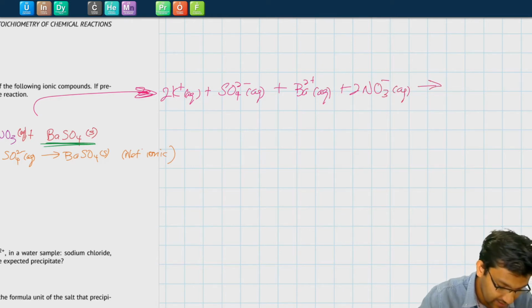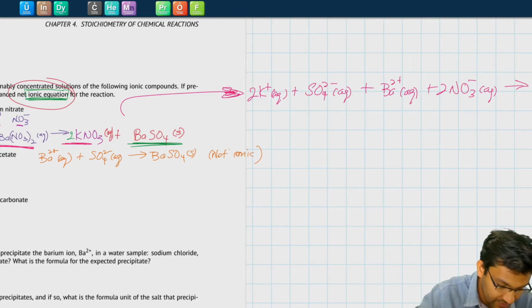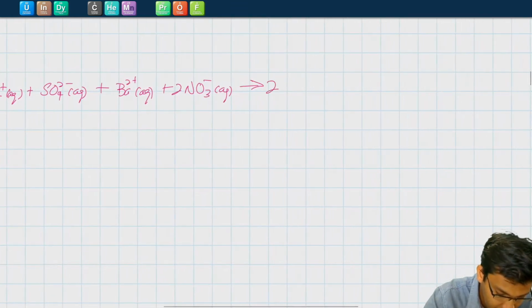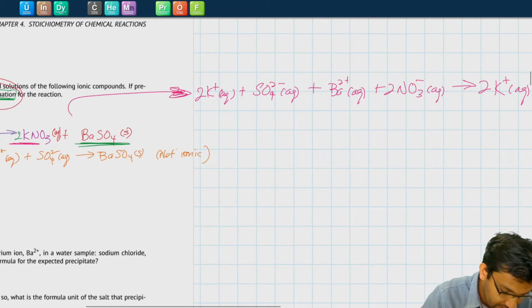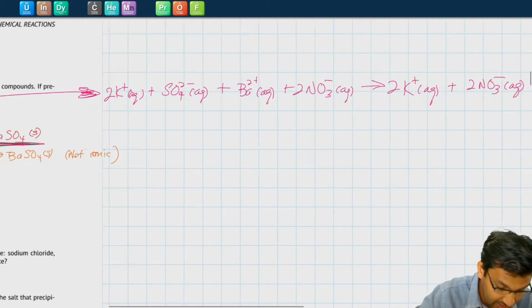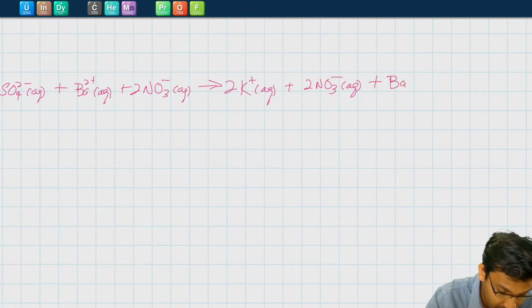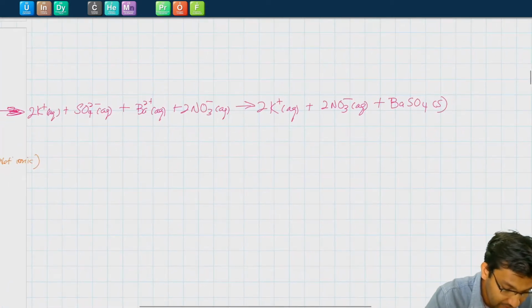That's on the left-hand side. On the right-hand side, we have 2 potassium nitrates aqueous, which breaks up into 2 potassium aqueous and 2 nitrates aqueous, plus barium sulfate, which is solid, so that doesn't break apart. Barium sulfate solid.